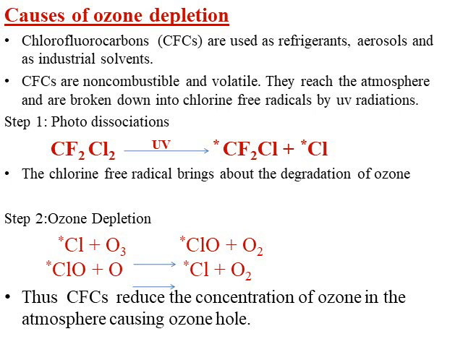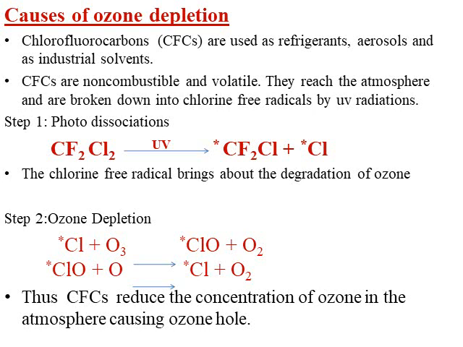So the chlorine free radical reacts with the ozone, and it will form ClO plus O2. So the ozone will degrade into ClO plus O2. Now this ClO free radical will react with the nascent oxygen, because the nascent oxygen is the raw material for the synthesis of ozone.